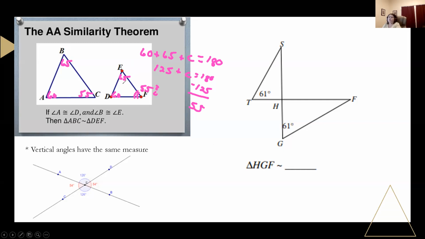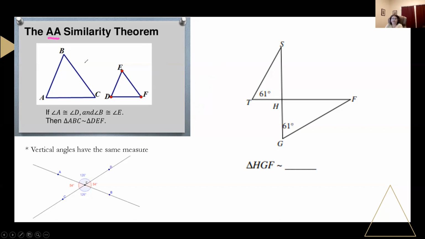So if two angles are the same, the third one is going to have to be the same. Now that's only in triangles; in quadrilaterals, that's not true, but in triangles it is. And so that's why with triangles, you can use what's called angle-angle, and you only need two angles.